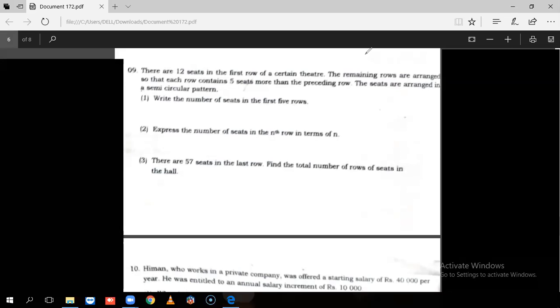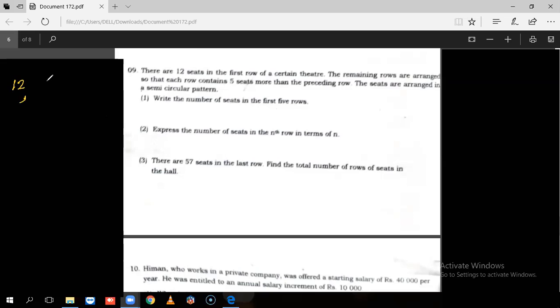There are 12 seats in the first row of a certain theater. Can you see this paper, Chanu? I think so. Right. The remaining rows are arranged so that each row contains 5 seats more than the preceding row. The seats are arranged in a semicircular pattern. Write the number of seats in the first 5 rows. 12 seats in the first row.